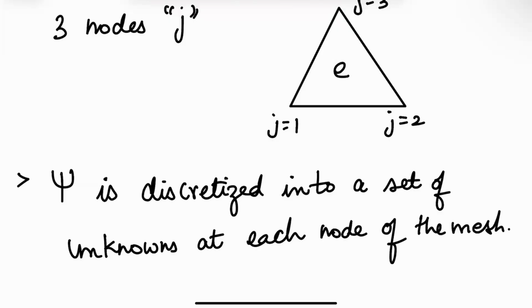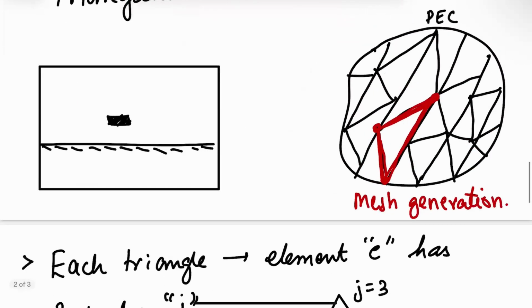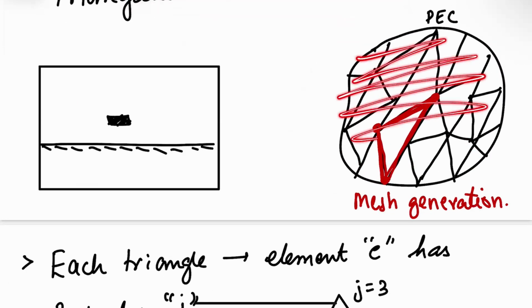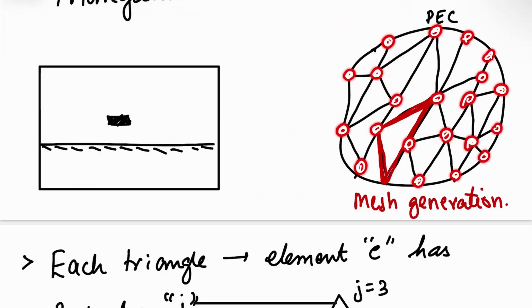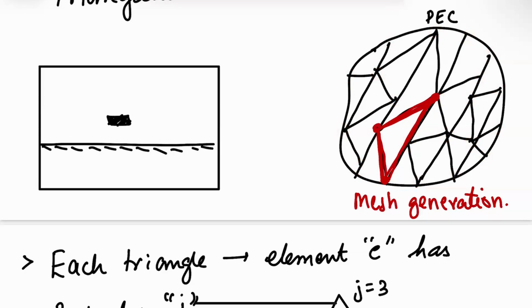Of course, in reality, my psi is unknown everywhere over this surface. But I approximate it as if I only have unknown quantities at these points, at all the nodes of the mesh. So at all of these nodes, my psi is unknown. And I assume that if I know the value of psi at all of these nodes, then I can find the value of psi everywhere else. Okay, so I'm just making this a triangular mesh.